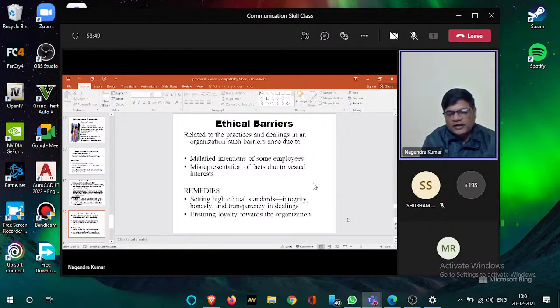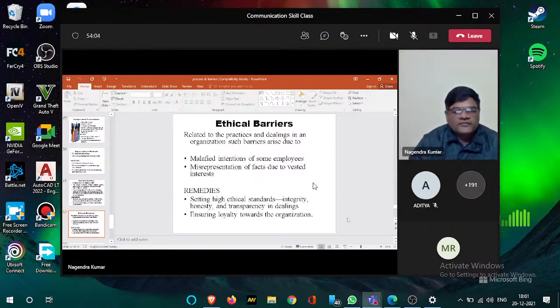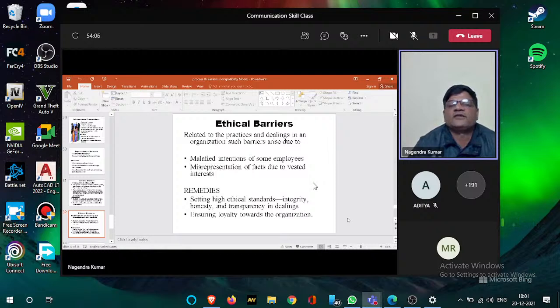I can again give you one example of IIT. In IIT, if you cheat in exams, this is treated as a breach of ethical standards, and strict action is taken against students. Sometimes your exam may be terminated, sometimes you may be expelled, sometimes you may be rusticated. So these ethical standards are also very important.